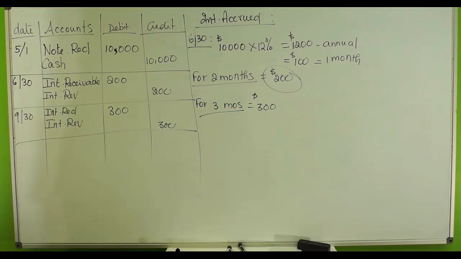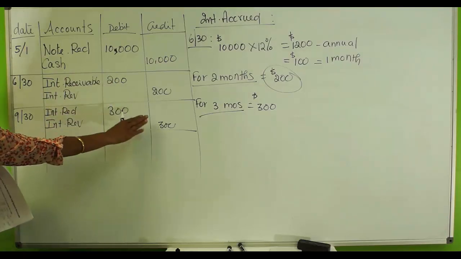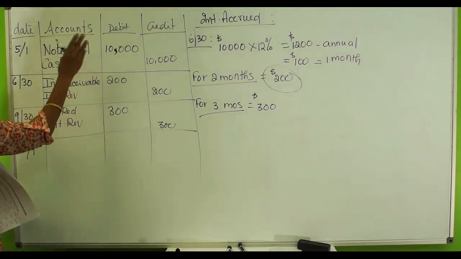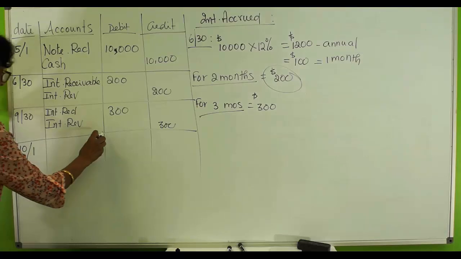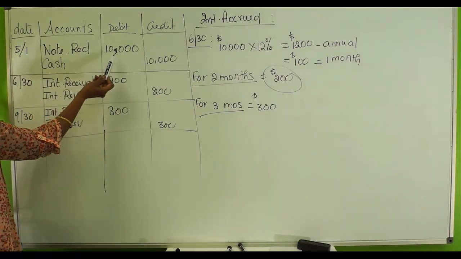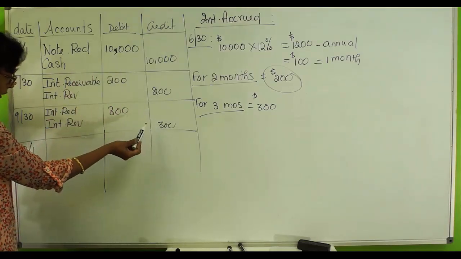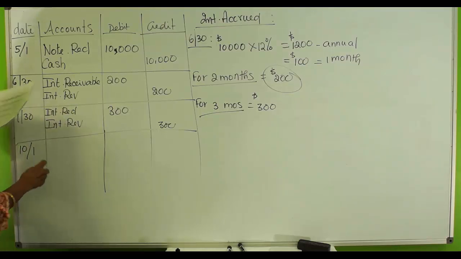Okay, the note is maturing on October 1st. So on October 1st, Company B is going to return the note amount of $10,000 and all the interest it owes to Company A. So here, Company B is going to pay this $10,000 plus this $200 plus this $300, so total $10,500.